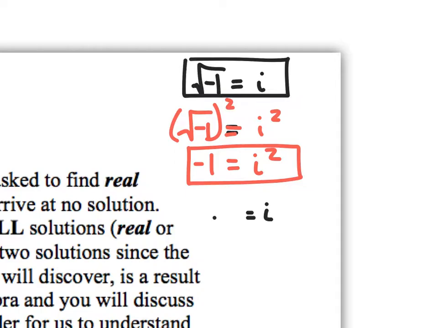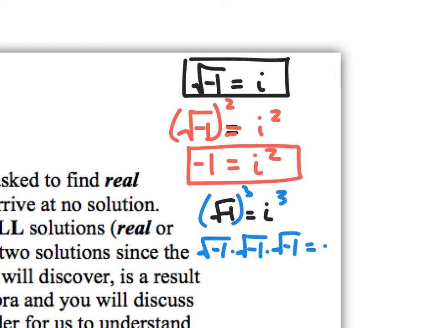Now let's say I take i equals the square root of negative 1, and let's say I cube that. What happens is I'm going to get the square root of negative 1 times the square root of negative 1 times the square root of negative 1, and that's going to equal i cubed.